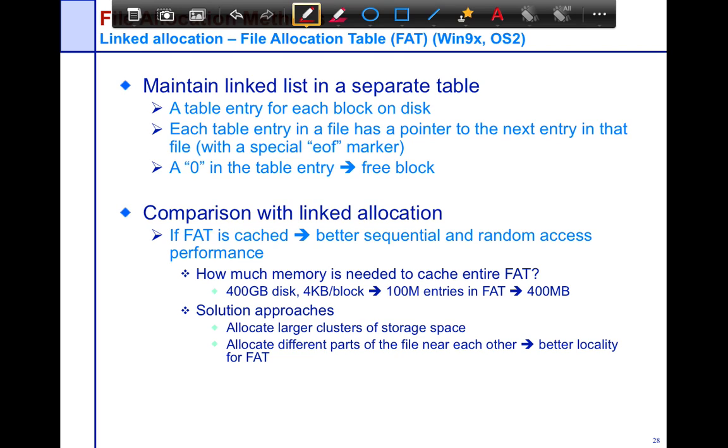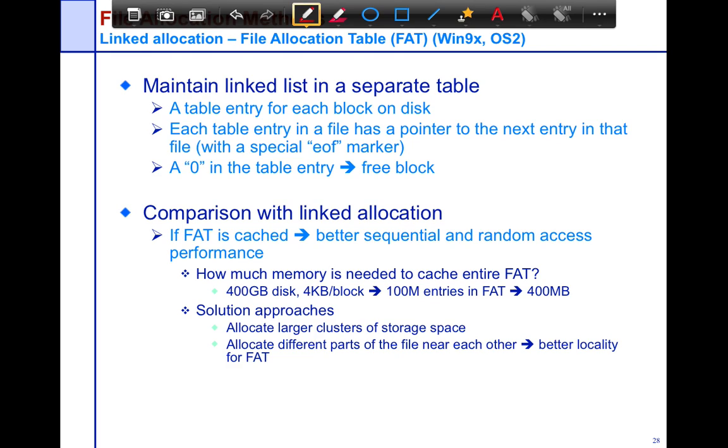Also, because all the pointers are located together, it can support better random access performance. We'll look at why that's the case in a second. But the general idea is that the FAT table is significantly smaller than the blocks themselves, so it's possible to hold it all in memory and then achieve better random access properties.